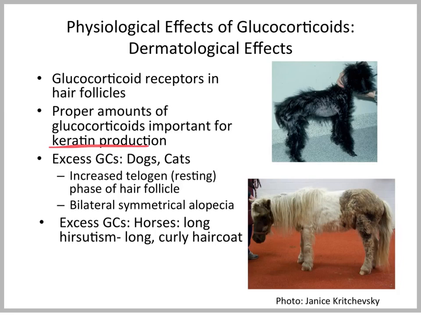But we also know that excessive amounts, and we see this in dogs and cats, will lead to an increased amount of the resting phase of the hair follicle, and that leads to the bilateral symmetrical alopecia that you see in dogs and occasionally see in cats, but it's more common in dogs, where you have flank loss of hair and lack of replacement on both flanks. This is in contrast, interestingly enough, to excess glucocorticoids in horses, where they actually develop hirsutism, which is a sort of long, curly hair coat associated with hyperadrenocorticism in the horse.